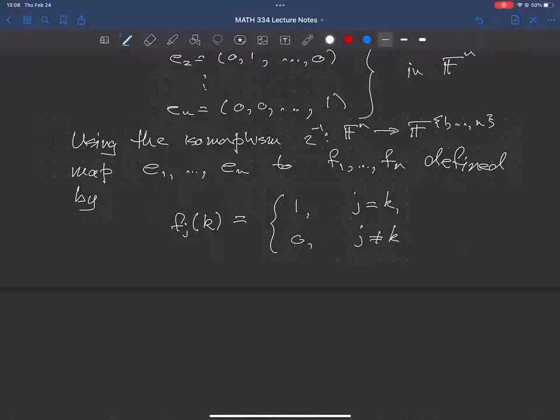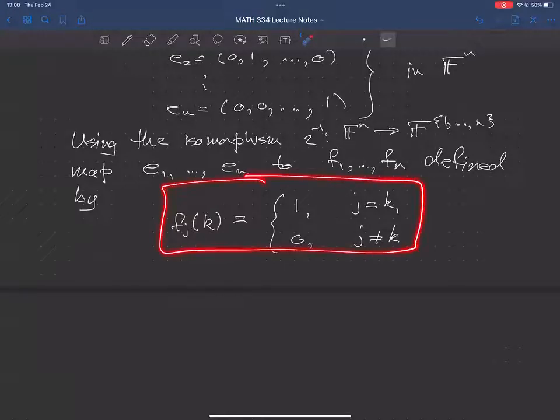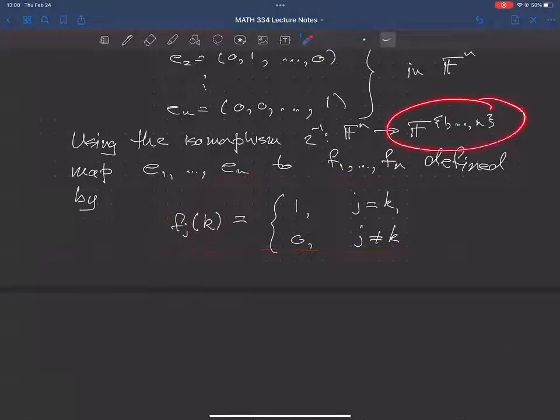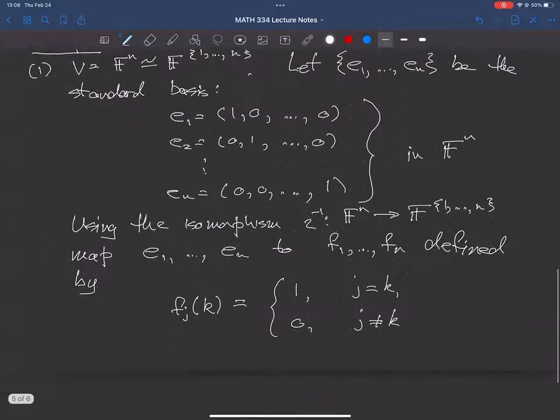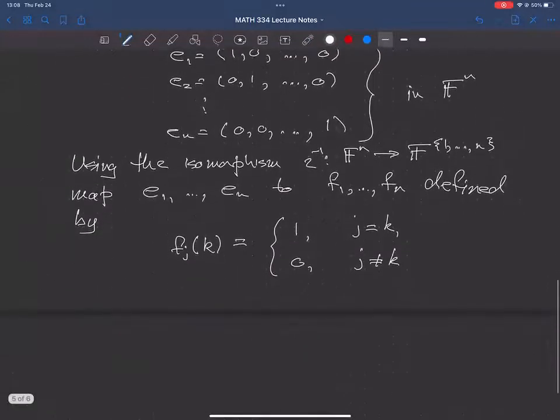So this is what the standard basis looks like when you represent it as an element of that vector space. This is something that's going to come back to us later on.